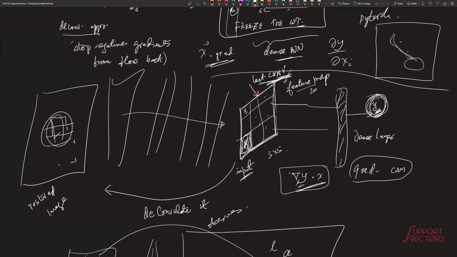What you can do is deconvolve it to the original image, because that feature map was arrived at by the convolution process. So you can deconvolve it back, and you'll get a low resolution picture, but it will contain your important saliency maps or attention maps built in.